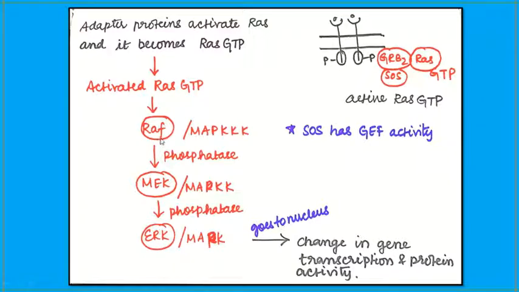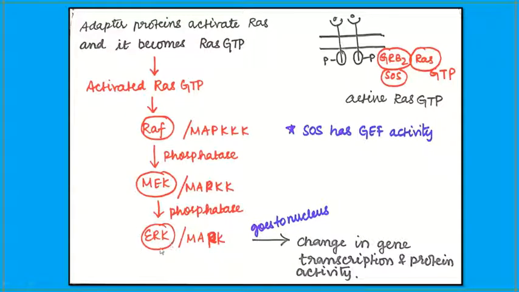RAF can also be known as MAP kinase. Now RAF will activate MEK, which is a MAP kinase, and MEK will activate ERK, which is a MAP kinase. So ERK is the MAP kinase. RAS protein is activating the ERK, that is MAP kinase.